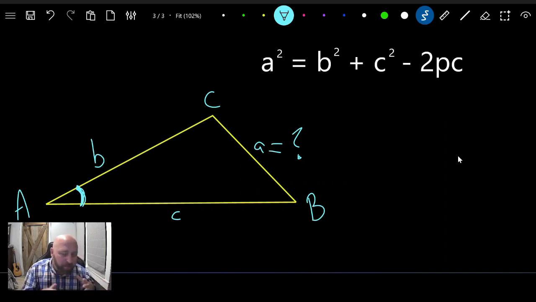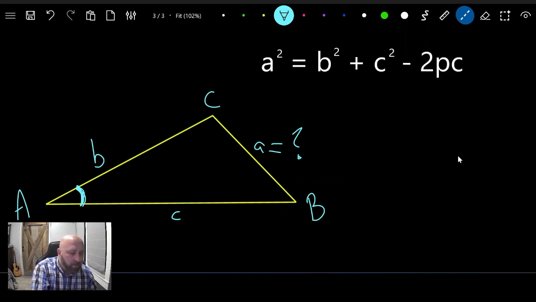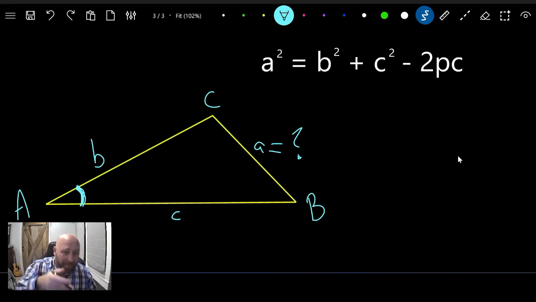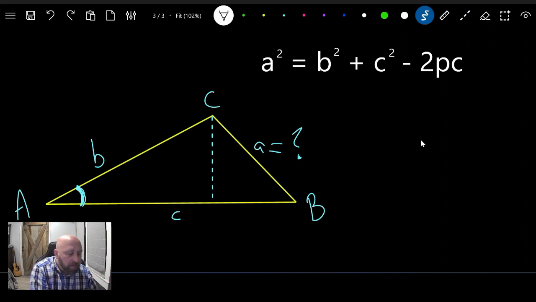Now, let's think about projections. If we take this line up here, this B line, and we project it down, what's going to happen? We're going to get a line that is perpendicular to the C line down here. Now remember, this is the one we're dealing with down here, right?